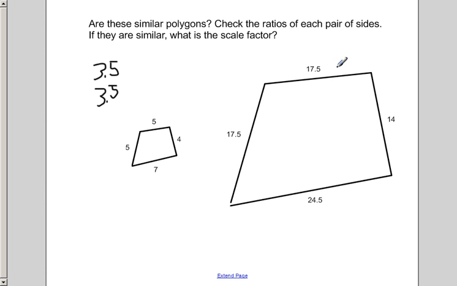So we have similar polygons because the ratio of corresponding sides is the same. And the scale factor then is 3.5, which means each side has been increased by a factor of 3.5 to get to this larger image.